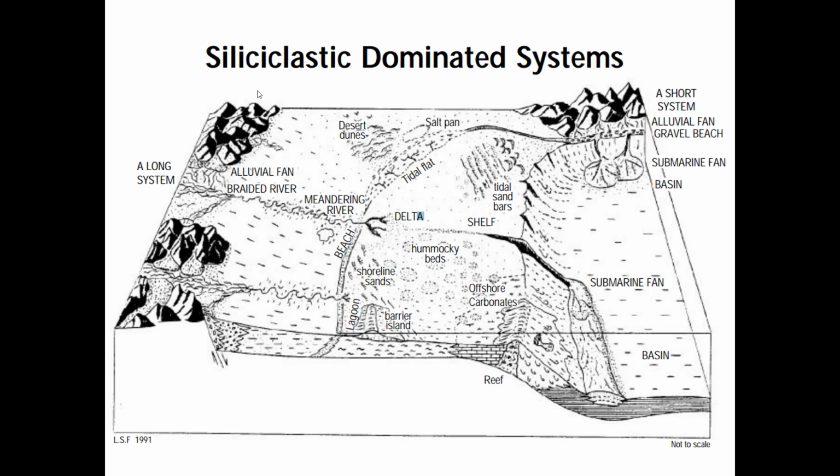When you're in level topography that's really far away from a source area, you'll have a carbonate dominated system and you'll be more likely to get limestones. But in a siliciclastic dominated system, also sometimes called a silici dominated system, you'll have environments characterized more by gravel, sand, silt, and clay.